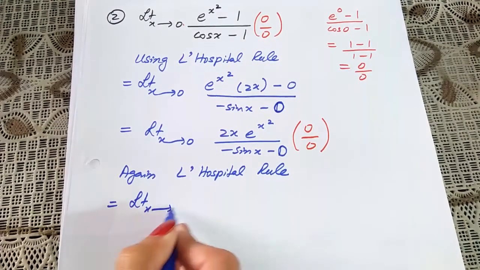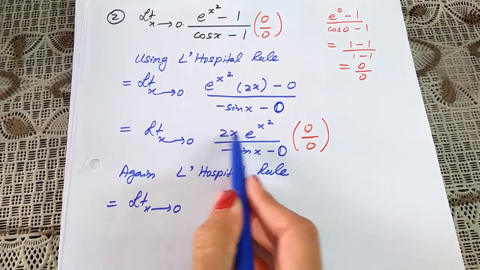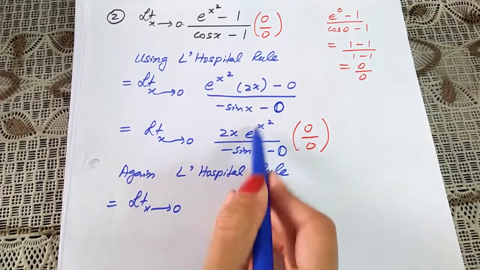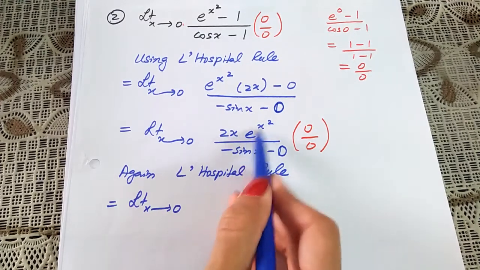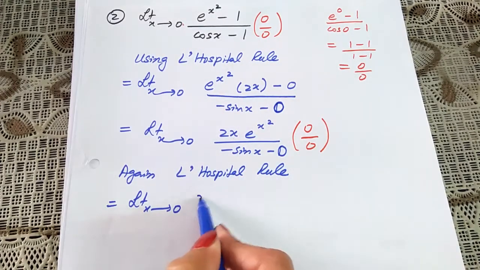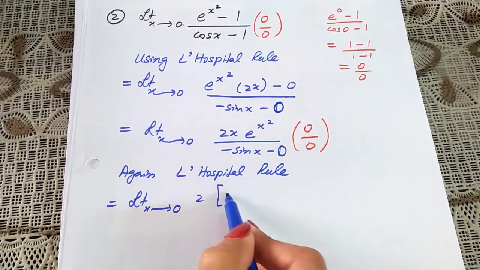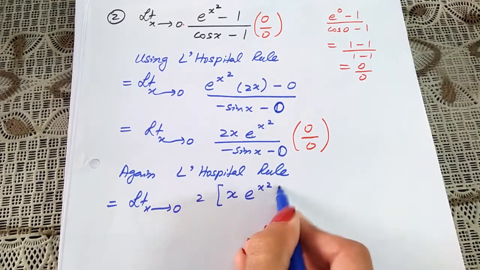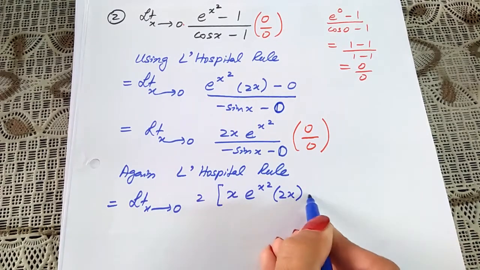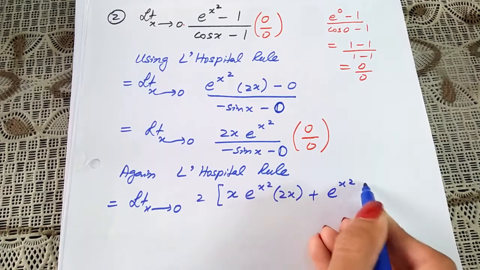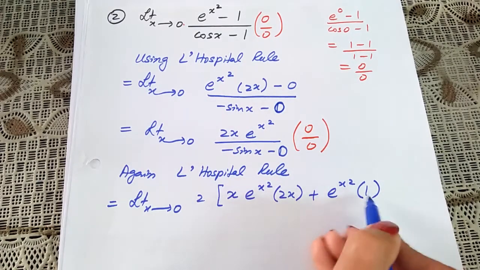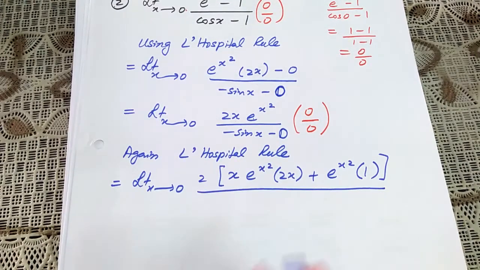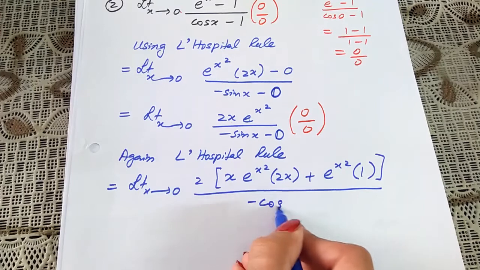Limit x approaches to 0. Now, here we have function in the multiplication form, so we'll use the product rule here in the numerator. 2 separately, x as it is. Derivative of e raised to power x square will be e raised to power x square, and derivative of x square is 2x, plus e raised to power x square, and derivative of x will give us 1, divided by derivative of minus sin x will be equal to minus of cos x.